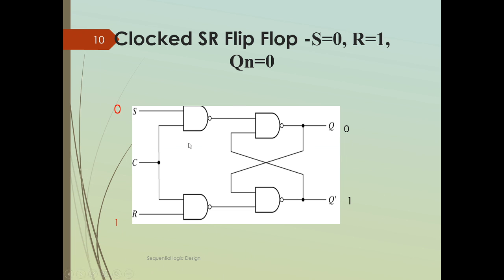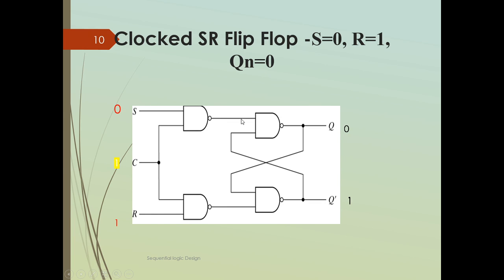Now we can verify the truth table. This condition we will verify now. If S is equal to 0 and R is equal to 1, the next state is the reset state. Now we can check. Now S is equal to 0, R is equal to 1 and C is equal to 1.